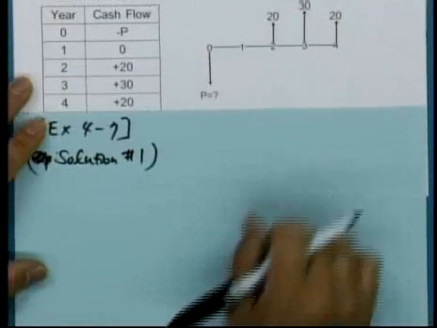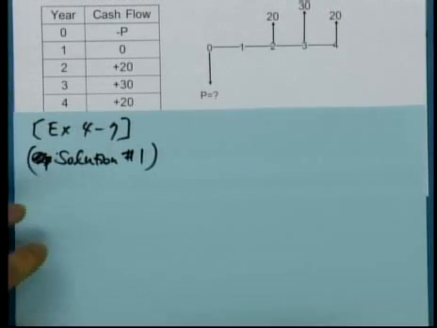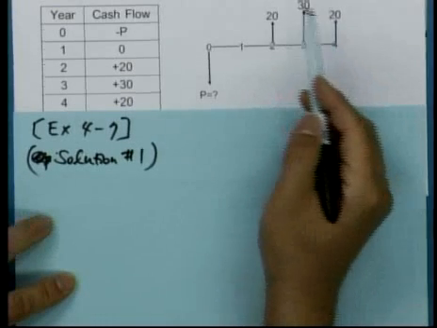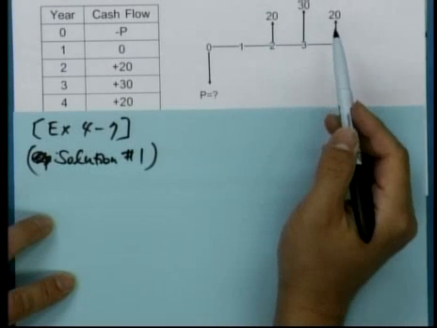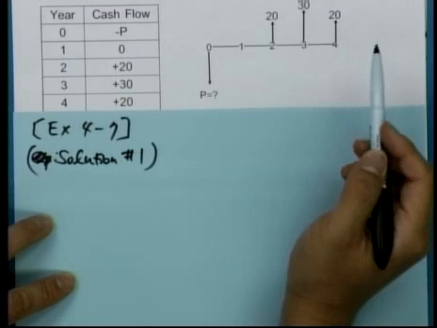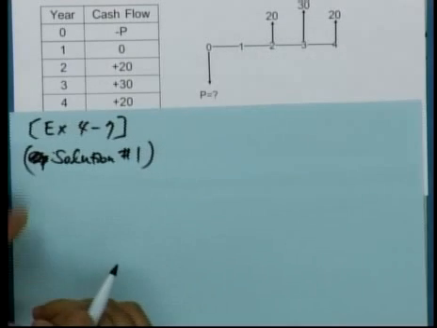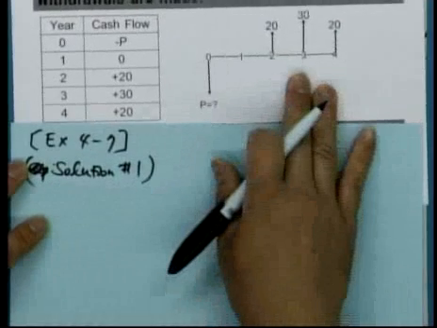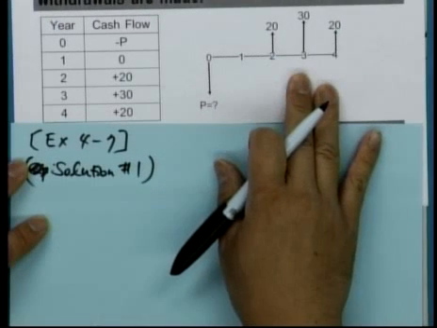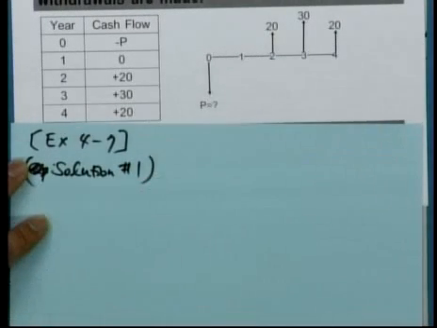Like I mentioned, this given cash flow can be thought of as a series of 3 single withdrawals F, which means this given cash flow can be broken into 3 different parts. Okay.